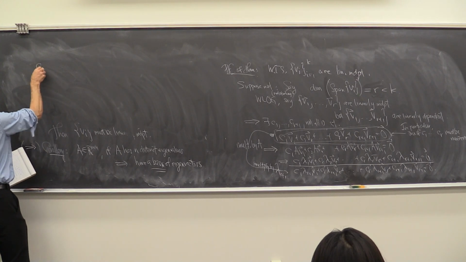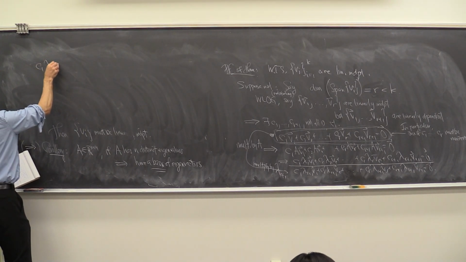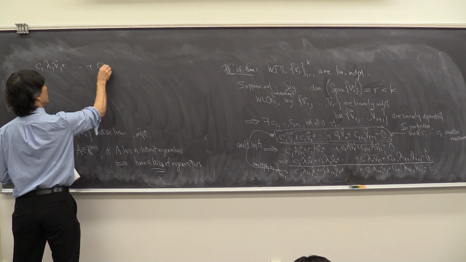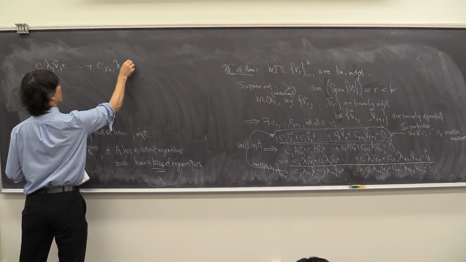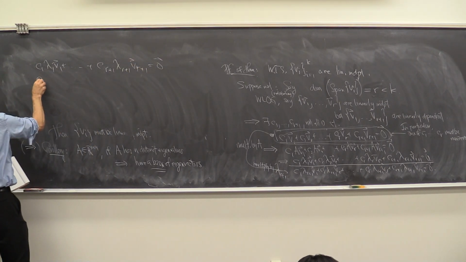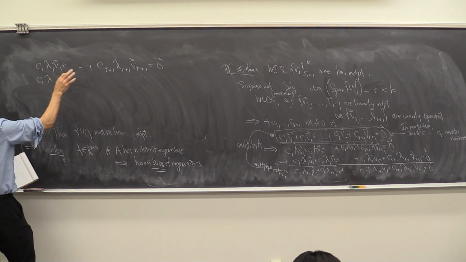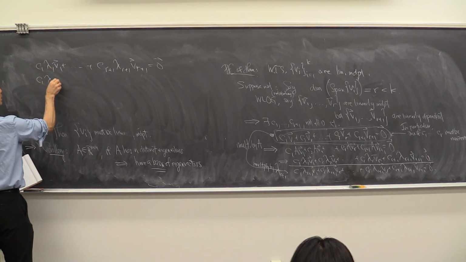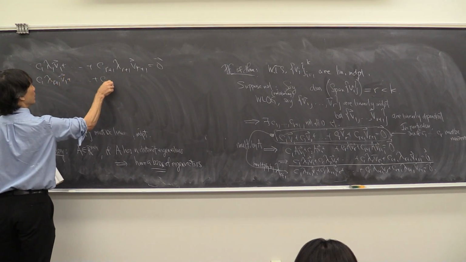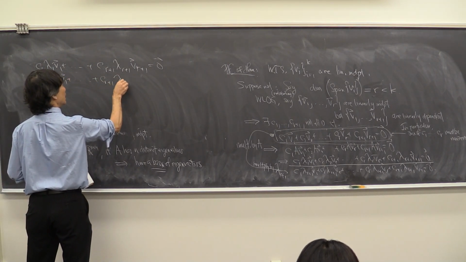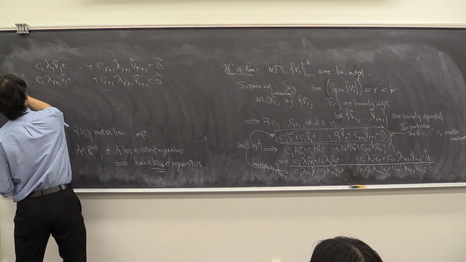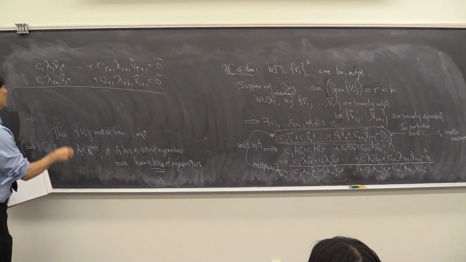Right now we've got C1 lambda 1 V1 plus up to CR plus 1 lambda R plus 1 VR plus 1 equals 0. And we also have the same statement, but not with different lambdas this time. The same lambda that we just multiplied the whole thing through by. Rather than multiplying by A, we multiplied by lambda. Okay, and then we subtract.